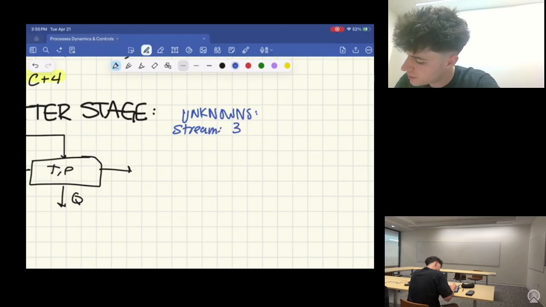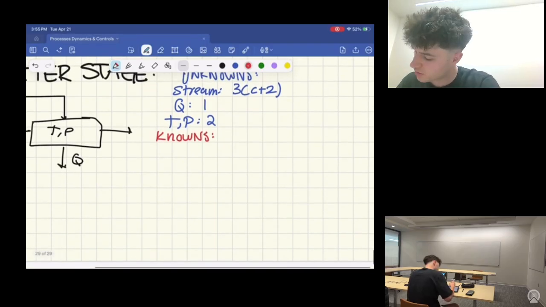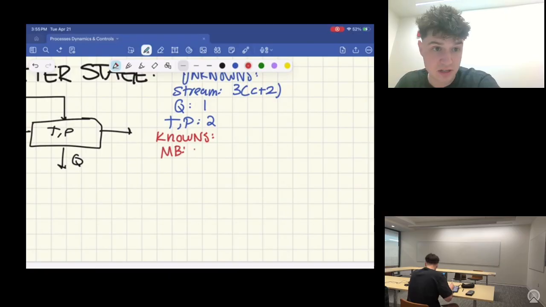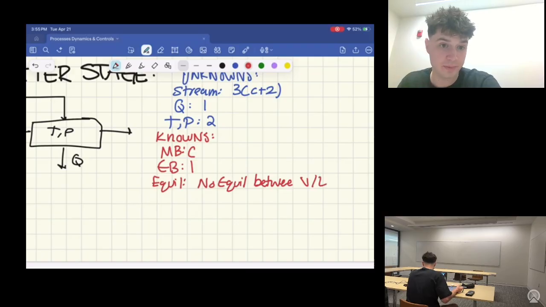The stream equation is 3C plus 2. Our Q is 1, and our TP is going to be equal to 2. Now, the knowns can get a little bit trickier in this situation, because we have our material balance as C, we have our energy balance set to 1, but then if you look at the equilibrium, there is no equilibrium between our vapor and our liquid.